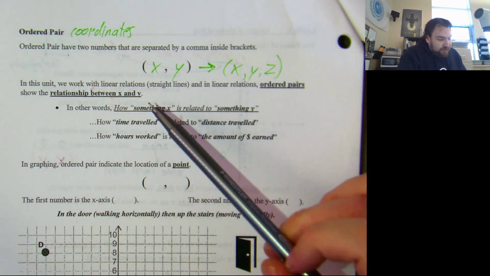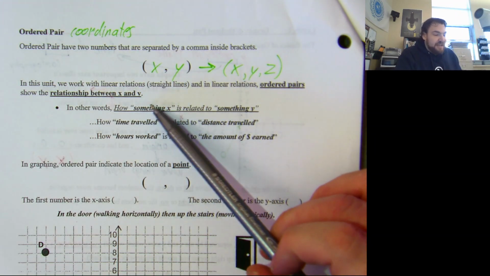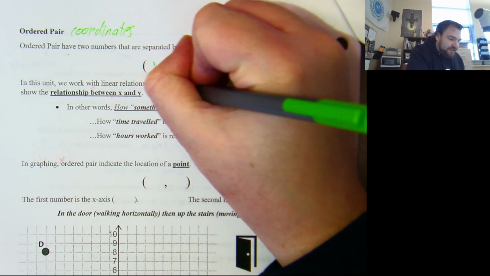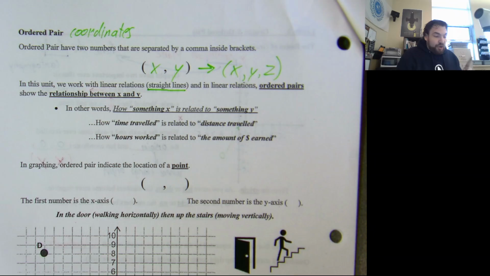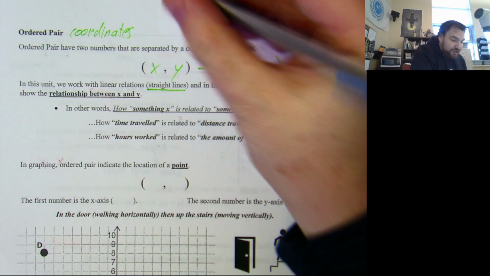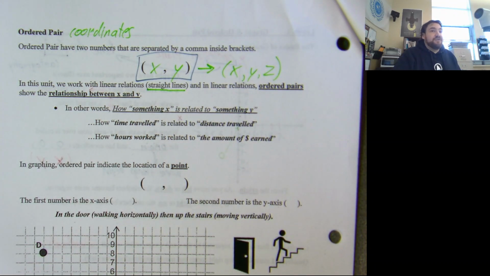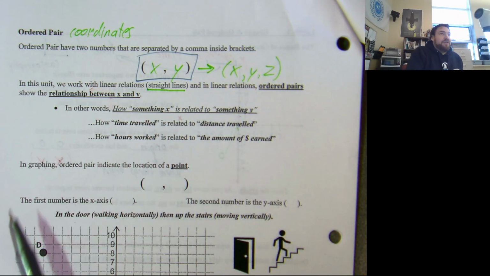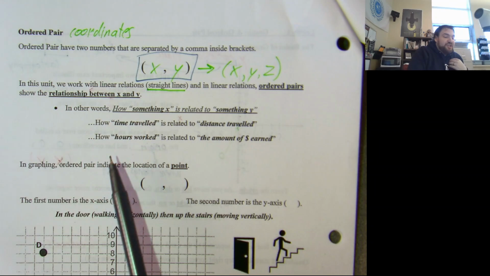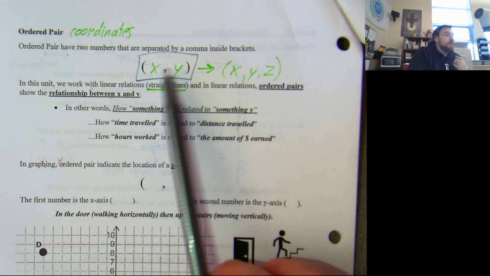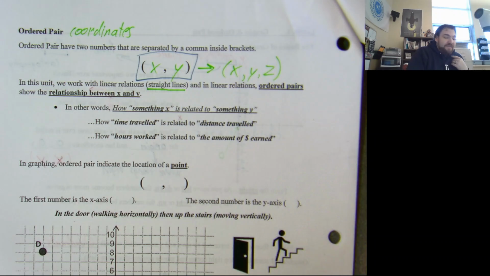In this unit, we're going to be looking at linear relations. Linear relations are defined to be straight lines, and we're going to be looking at ordered pairs just involving X and Y. We're not going to bring in Z because drawing things in 3 dimensions on 2-dimensional surfaces is hard enough. So these ordered pairs show a relationship between these two variables, the X variable and the Y variable.